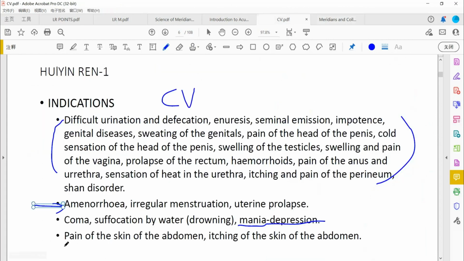So that's why it's good for pain of the skin of the abdomen or itching of the skin of the abdomen. Yeah, I think about CV15. That's the collateral, the luo connecting point, right? Like a bird tail on the abdomen. So that's why.